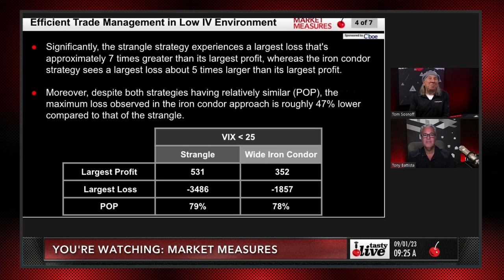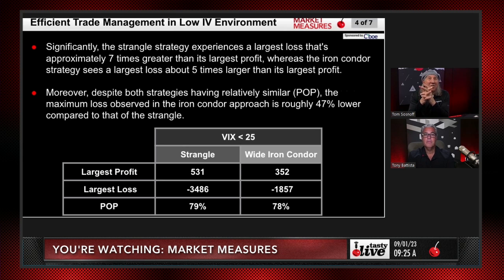Moreover, despite both strategies having a relatively similar POP, the maximum loss observed in the Iron Condor approach is roughly 47% lower than that of the strangle. Okay, well, that's your argument for your Iron Condor. It's not that your largest loss is that much better than the naked position. It's really all about the fact that your Iron Condor max loss is roughly 47% lower compared to the strangle.